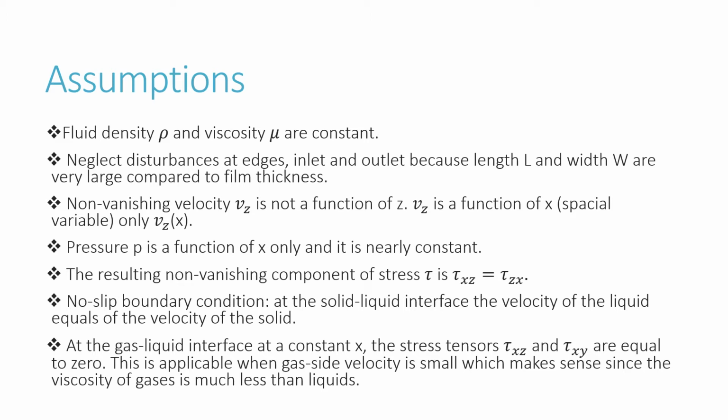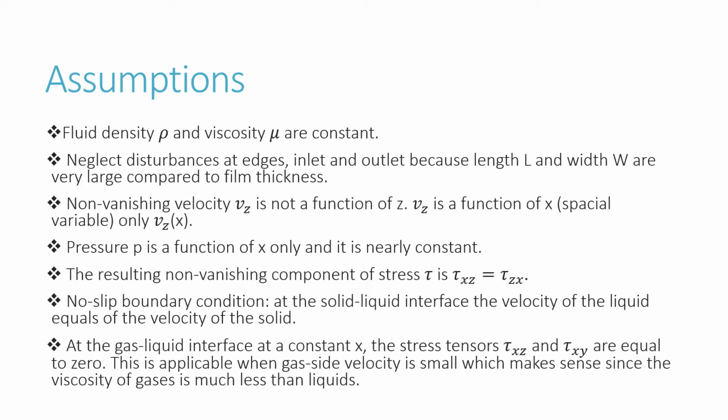The pressure P is a function of x, and it's nearly constant. We also assume that the resulting non-vanishing component of the stress is tau xz or tau zx. For the boundary conditions, the first is the no-slip boundary condition, where at the solid-liquid interface the velocity of the liquid equals the velocity of the solid.